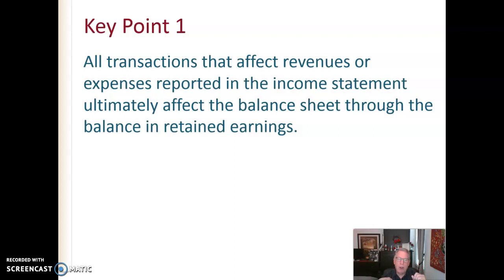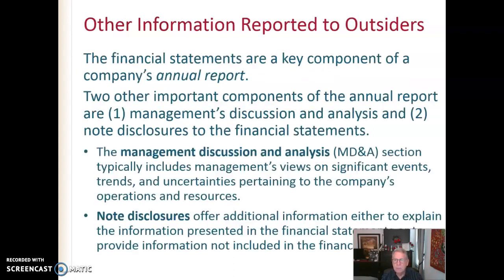We call that the closing entries, but a little early to get into that, but I just want you to see that word ultimately is really important here, because we're going to be populating the income statement during the period, usually a month, and then at the end of the month, that's when we'll zero out the income statement and roll its balance into the retained earnings. Okay.